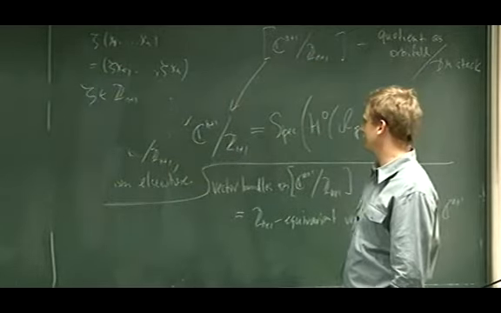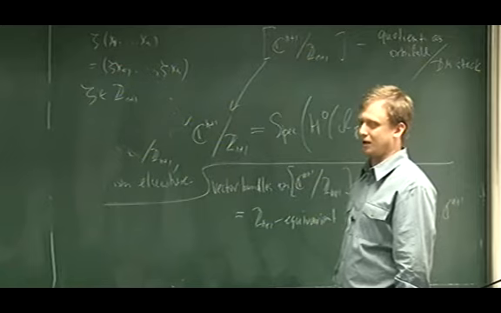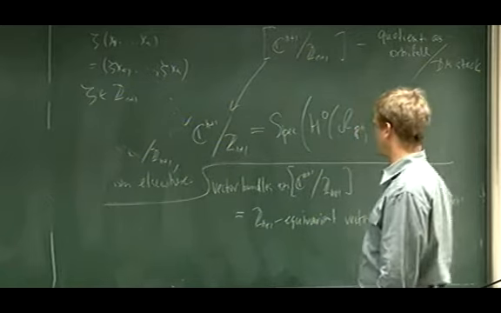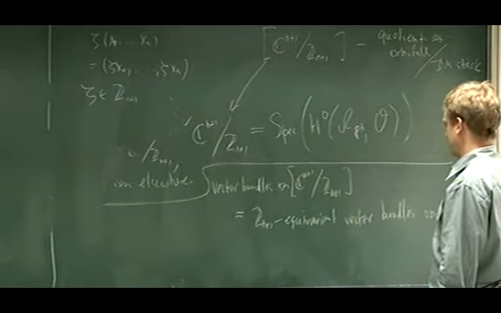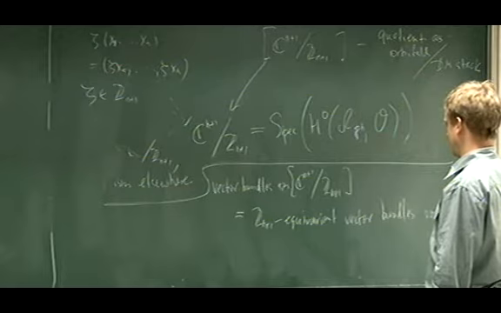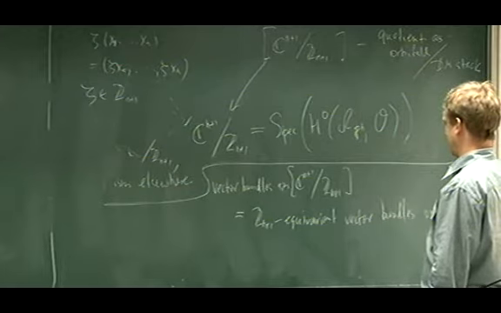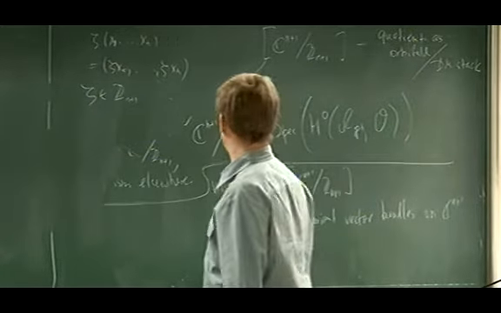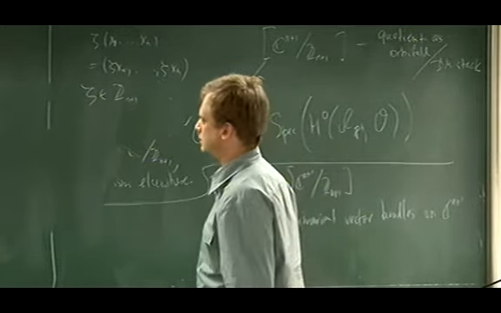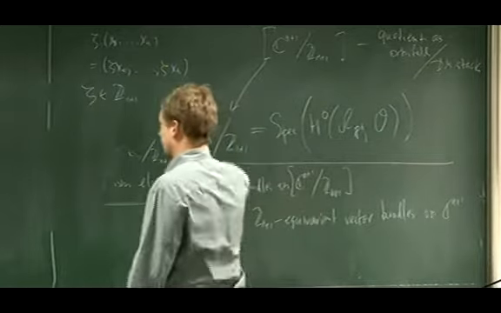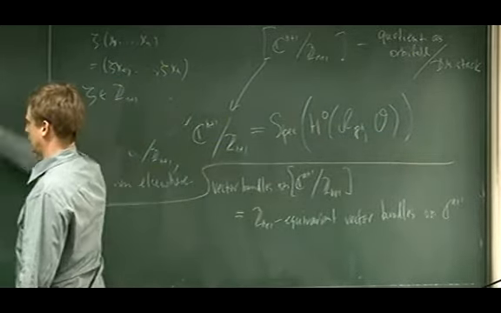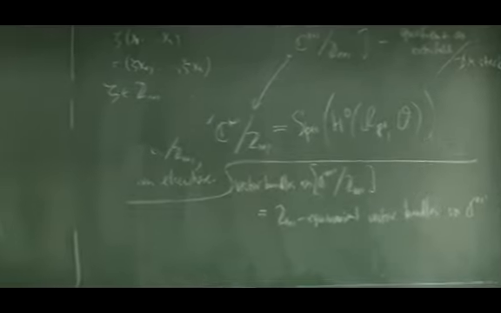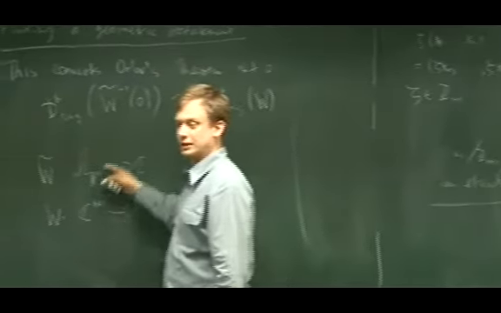But how can I see such an action on the space of global vector fields over Pn? On Pn, you don't see it. So what you have really is, in both spaces you have a C star action.